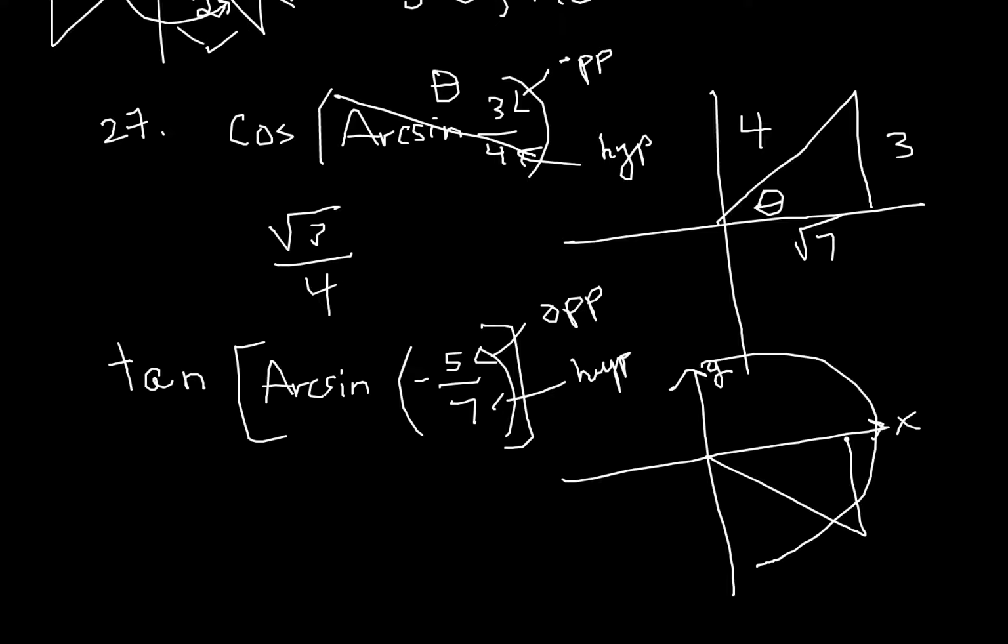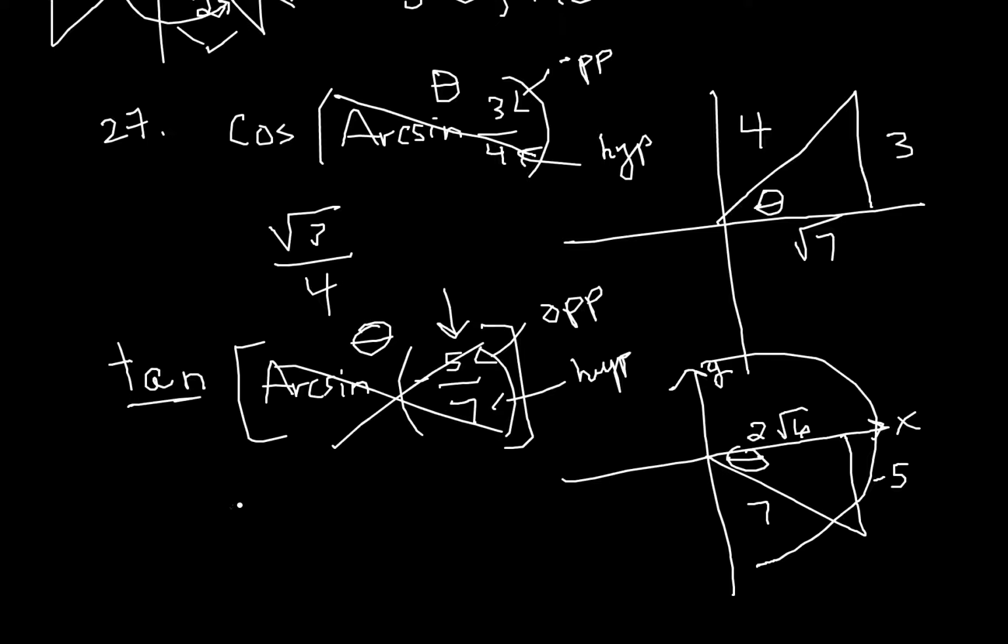We do our triangle. So our opposite is -5, our hypotenuse is 7. We do the Pythagorean theorem and we get 2 square root of 6 for this side. Right? Okay, and now we do the tangent. This is our theta. So we use this fraction in order to get the triangle, to get the theta.